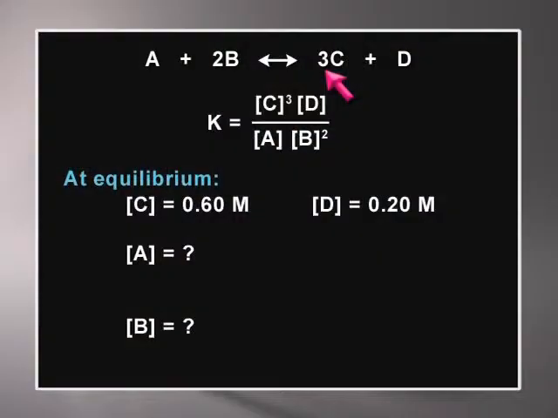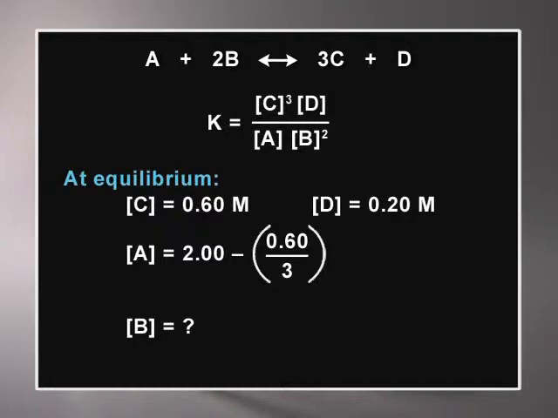Again, we have to look at the coefficients. For every 3 moles of C that are produced, 1 mole of A is consumed. So I only consume 1/3 as much A as I produce of C. I started with 2 moles per liter of A. I produced 0.6 of a mole per liter of C, which means that I consume 1/3 of that, or 0.2 moles per liter of A, as I approach equilibrium.